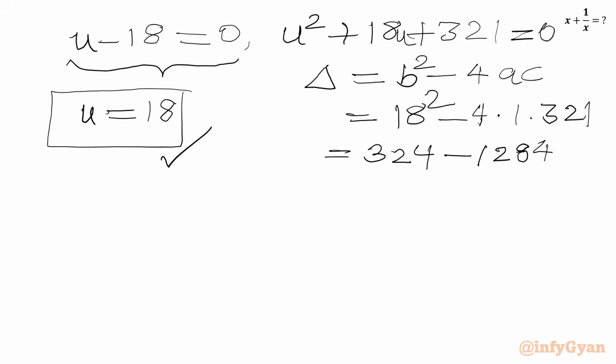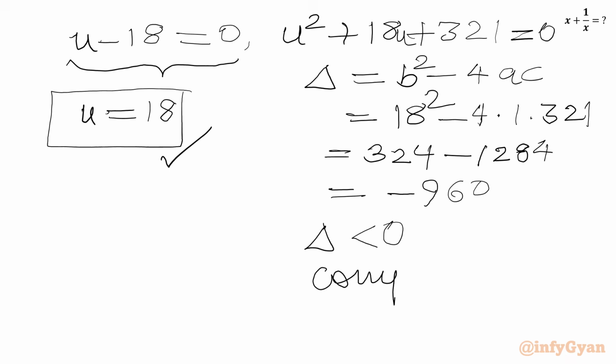So if we calculate this difference, it comes out to minus 960. So our discriminant is coming out negative. We are going to get complex solutions.